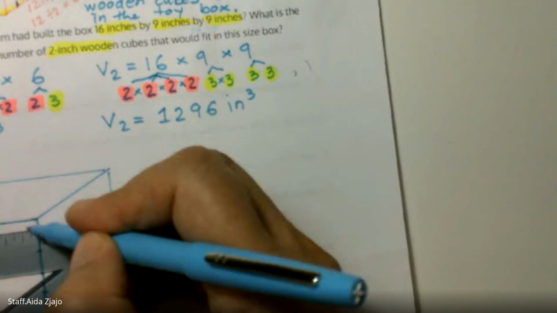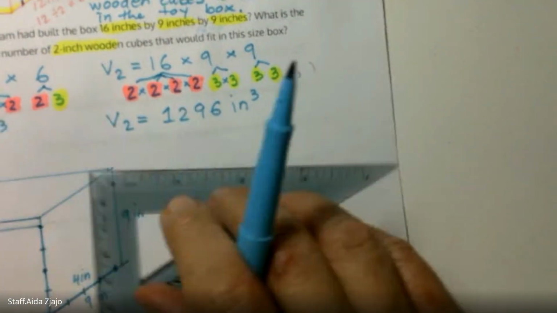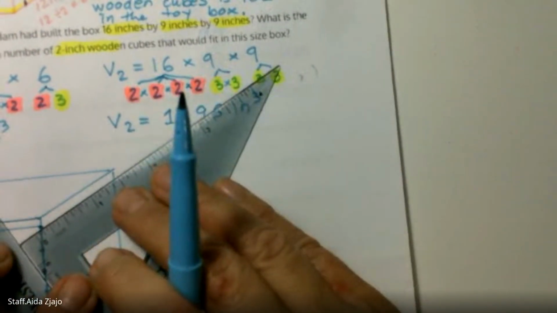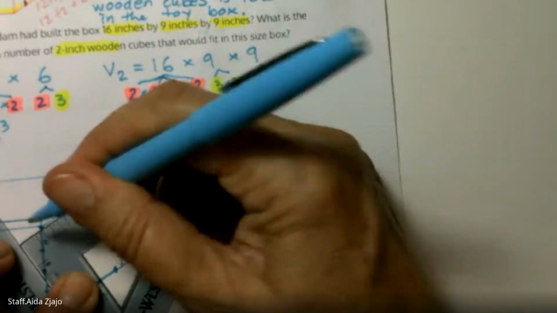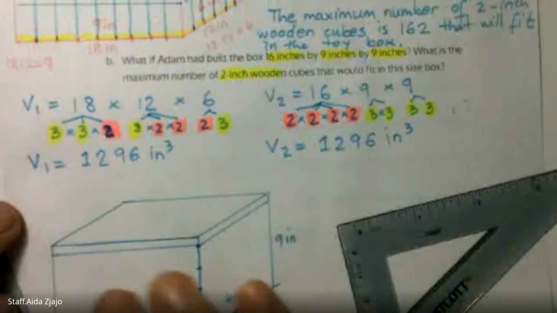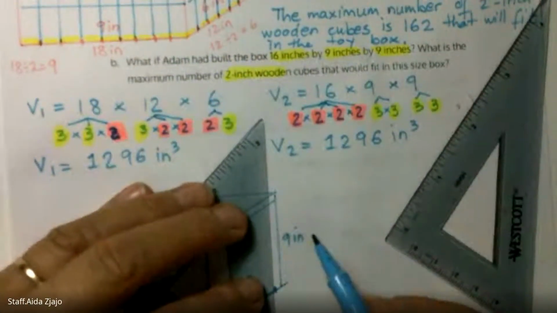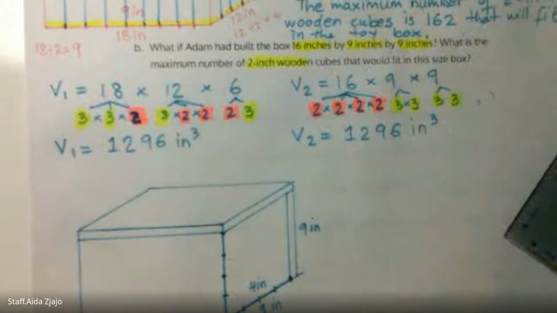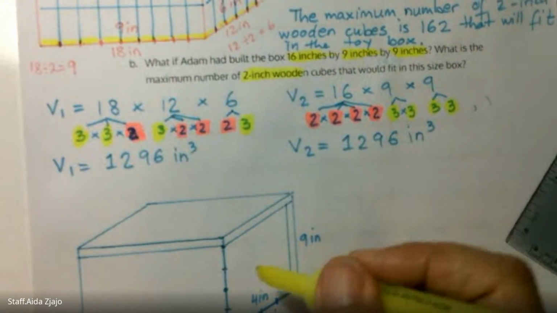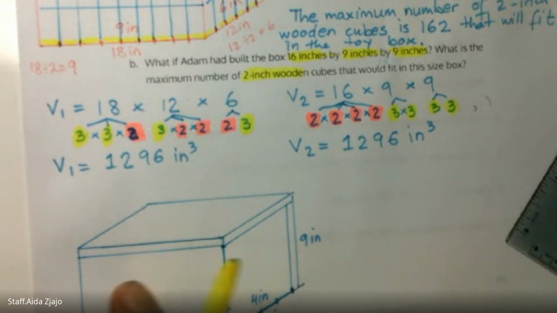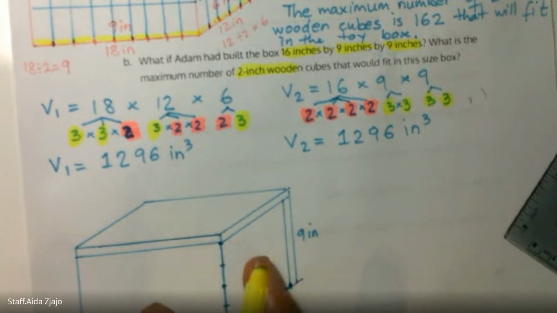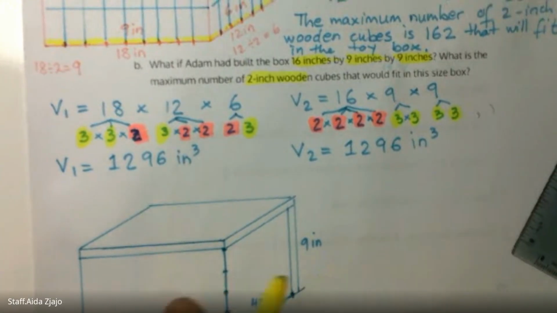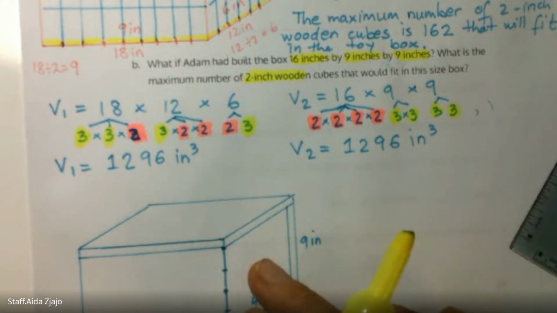So the bottom would be filled, and then this top would be empty, and then the side also going to be empty. So you will be able to put 2-inch cubes in this area, this volume.